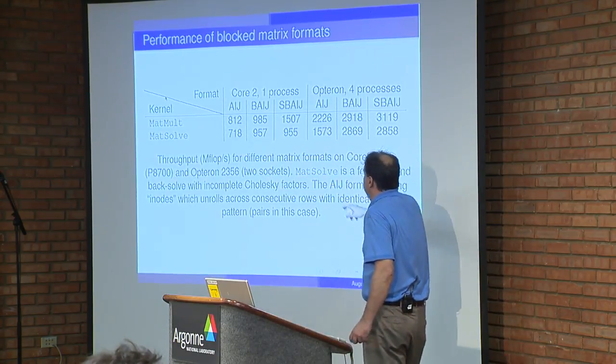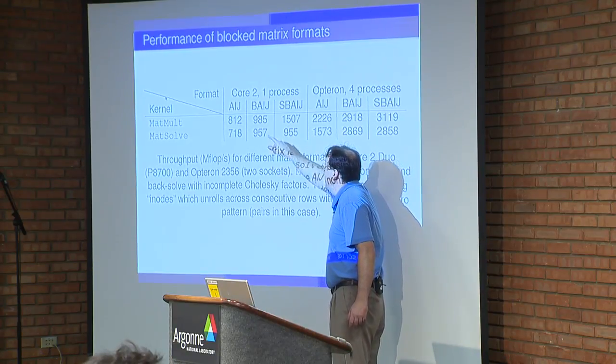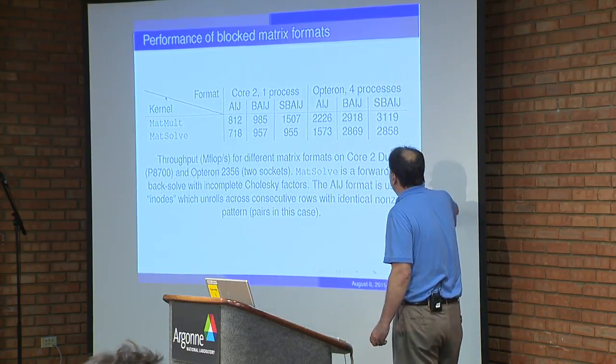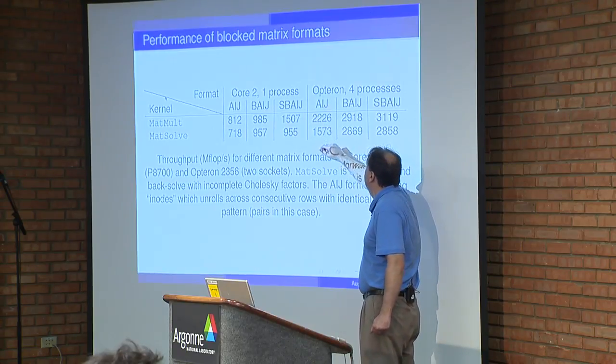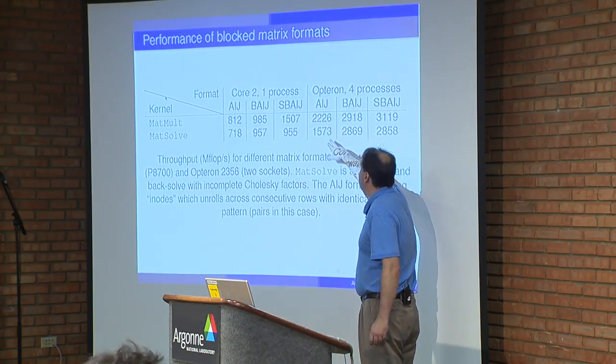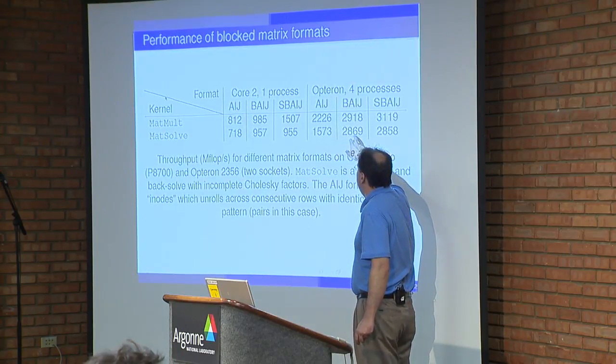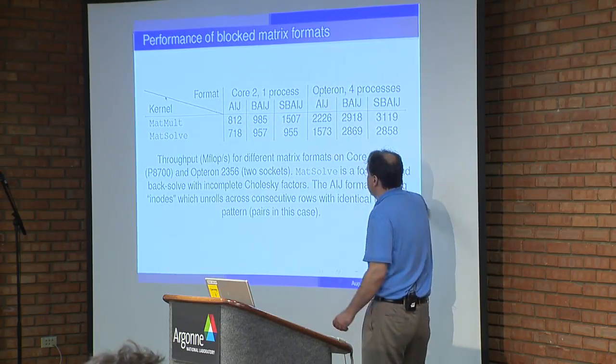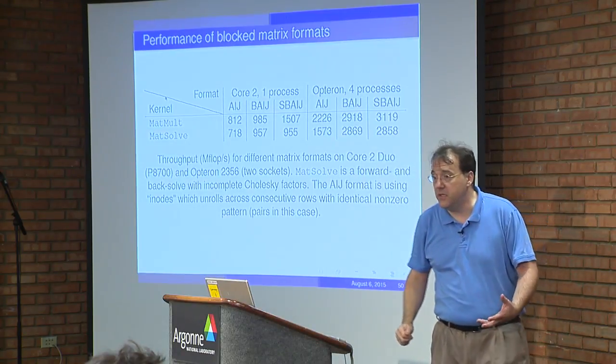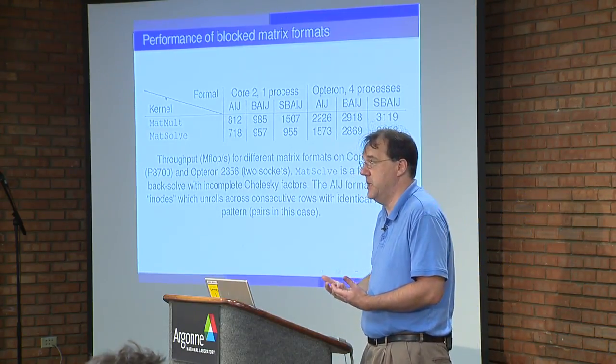So there's a real benefit in that case of using this format as opposed to that format. Similarly over here, switching from AIJ to the block version, well, let's look at this guy for the solves. From the non-block version to the block version, you get almost twice as much performance. And the switches between these is all something you do at runtime.